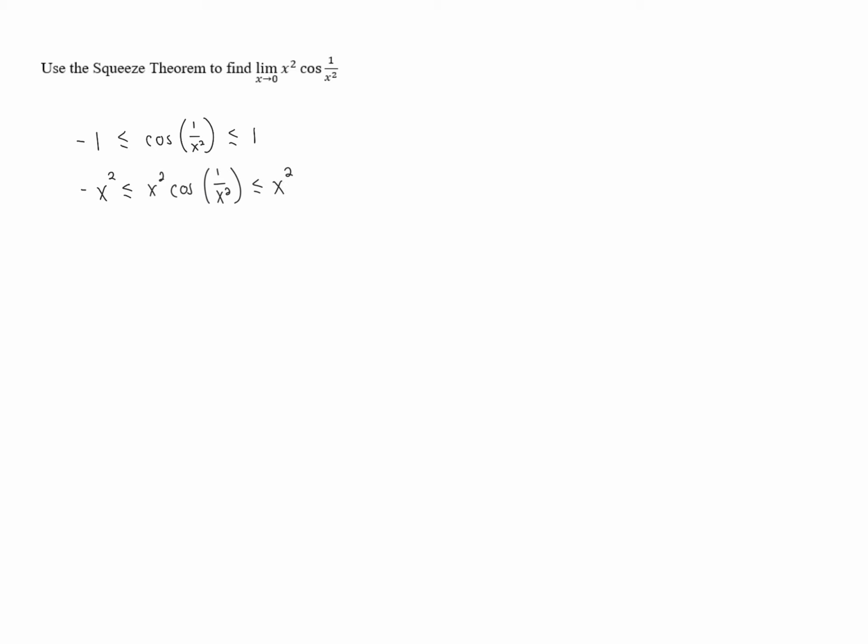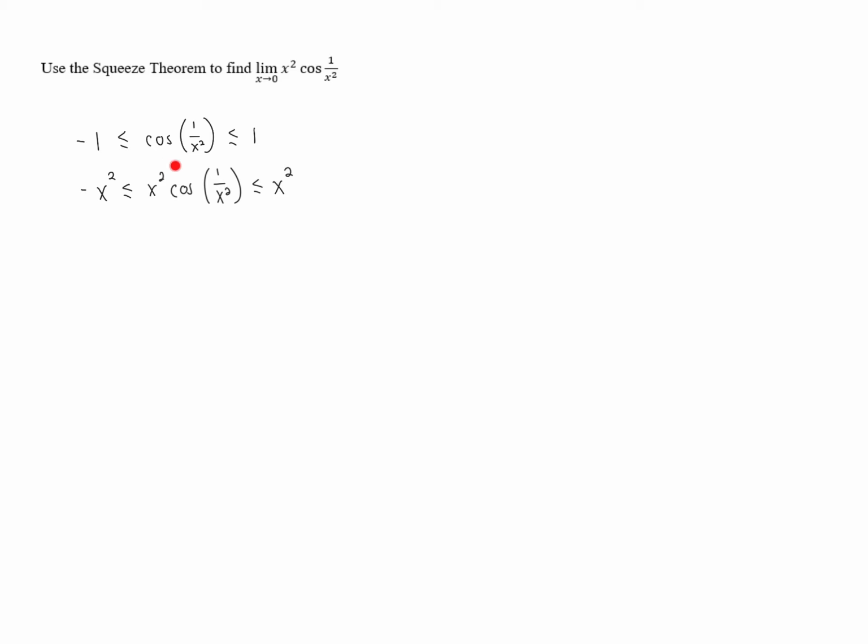Now, we do have to be careful when we have an inequality and we're multiplying by something, because we know that when we multiply by a negative, the inequality sign has to flip. But because we've multiplied everything by x squared, and x squared can't be negative, that means that we do not have any changes in the inequality signs.